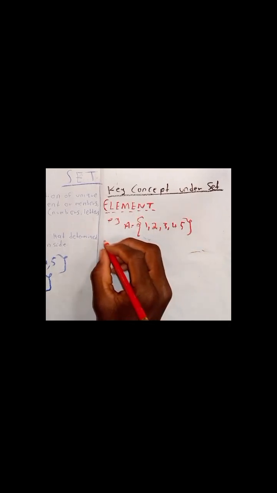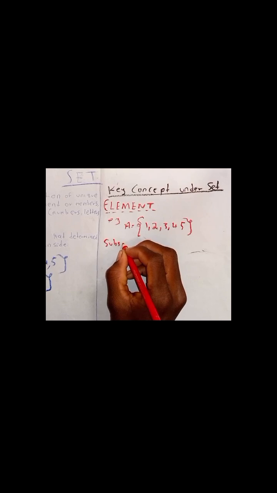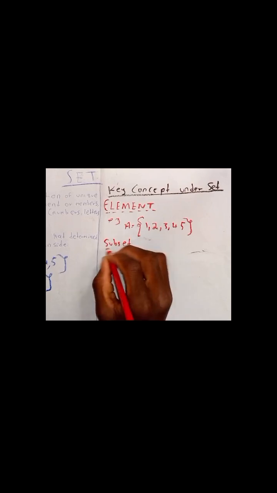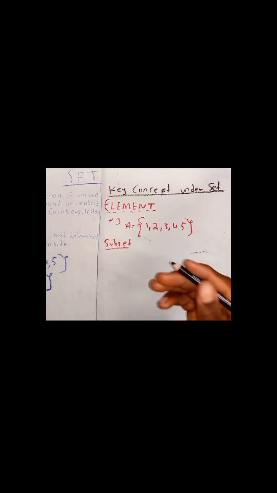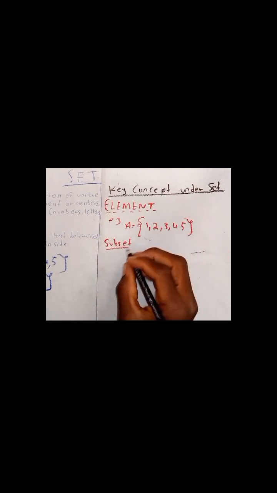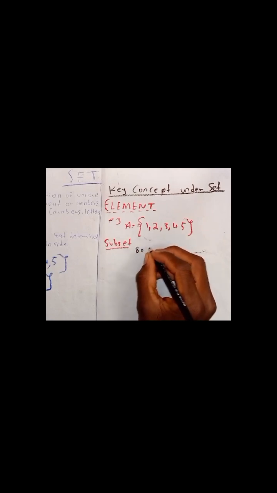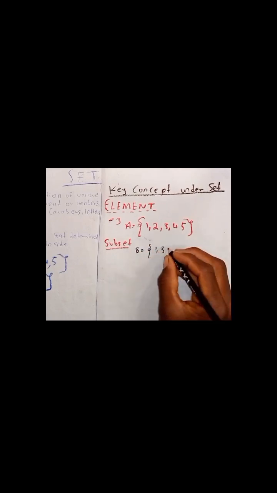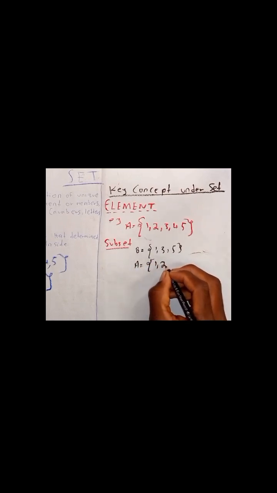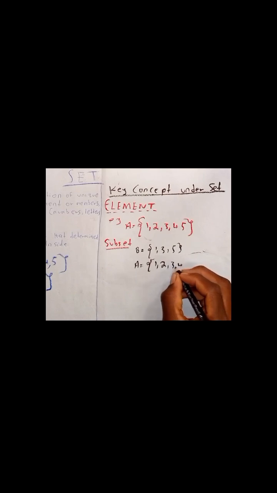Okay, let's see subset. What do we mean by subset? A subset is a set whose elements are contained in another set. It means that set B is a subset of A. Let's take a physical example. We have B = {1, 3, 5} and set A = {1, 2, 3, 4, 5}.